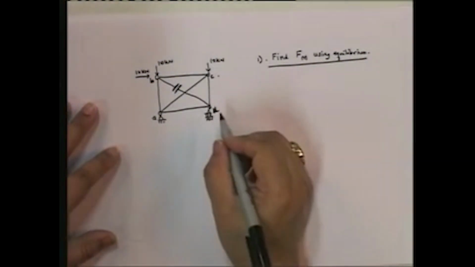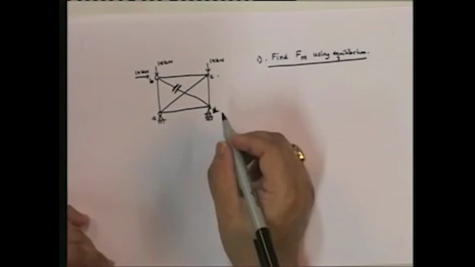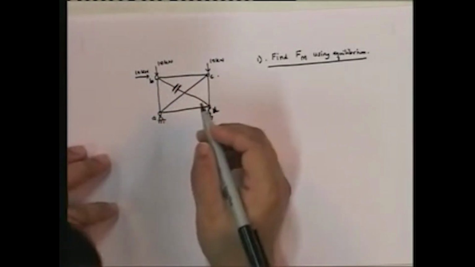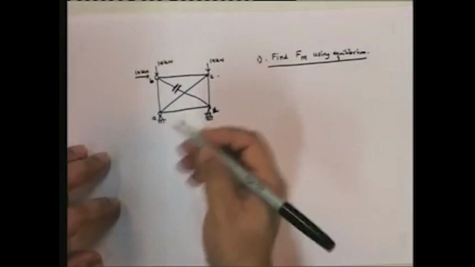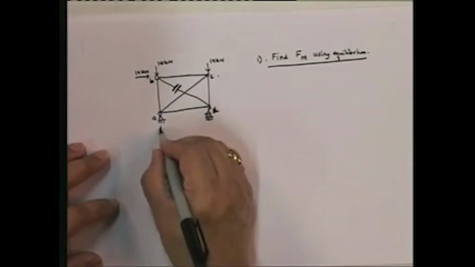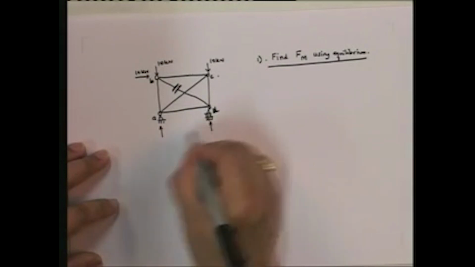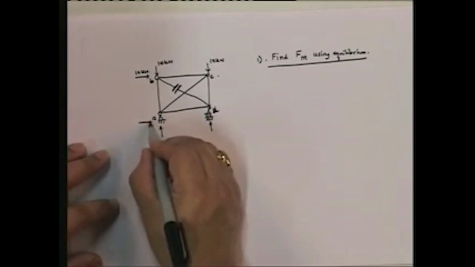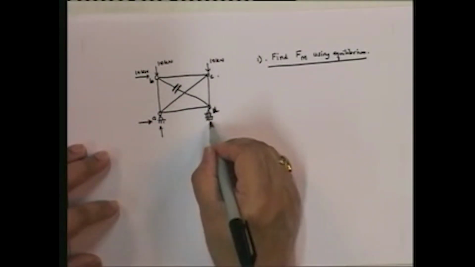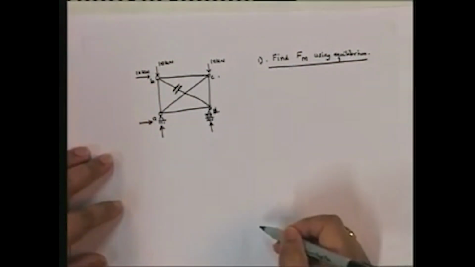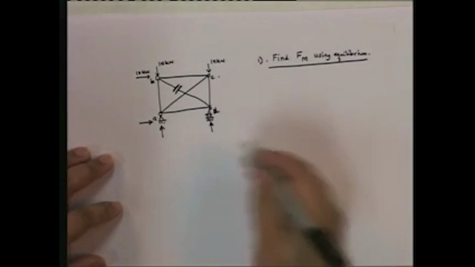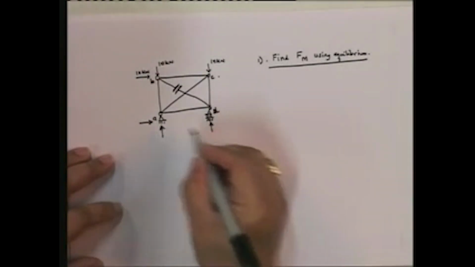Here I'm going to be using the method of joints. Since I'm going to use the method of joints, let's first find the unknown reactions. I'm going to find the reactions without writing down all the equations, and I'll leave it up to you to write them down.